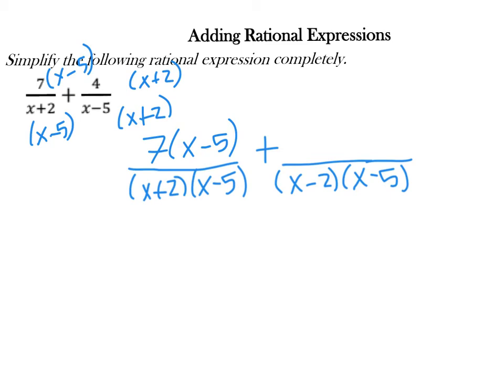Now, on the top, when I combine these fractions together, I'm going to be left with 4 times x plus 2. So let's trace back a little bit real quick and see how we got from this point A to point B. The first thing I noticed is that both of these were different denominators, so I need to make them the same.